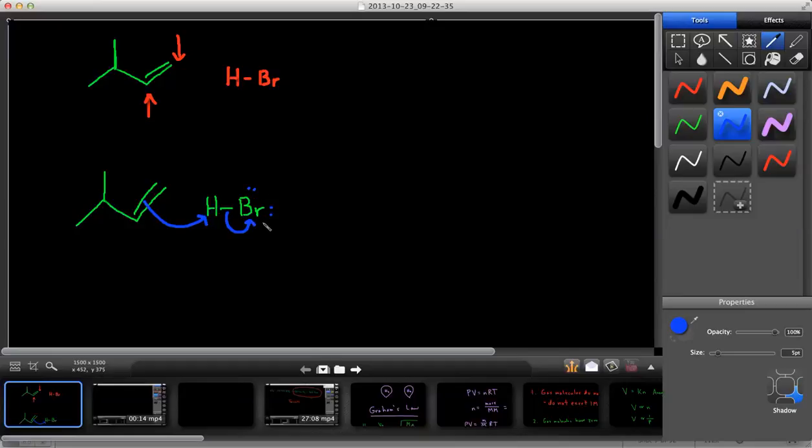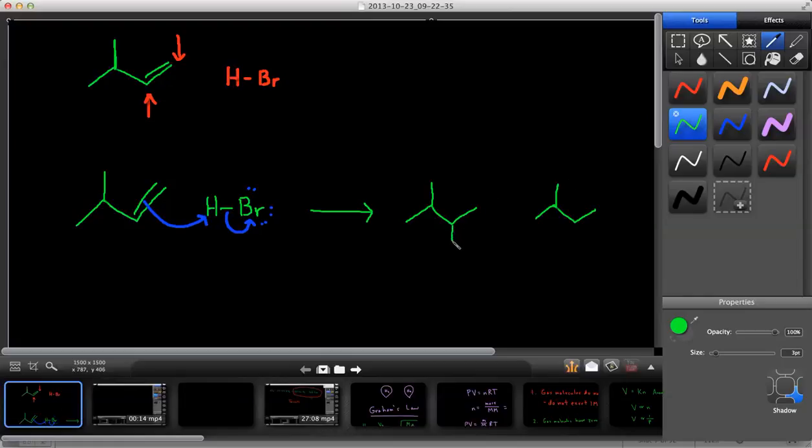and those electrons will reside with bromine. Of course, there were already 3 lone pairs on bromine. The result of this reaction leaves us with a choice as to which of these carbons will attach itself to the hydrogen atom.